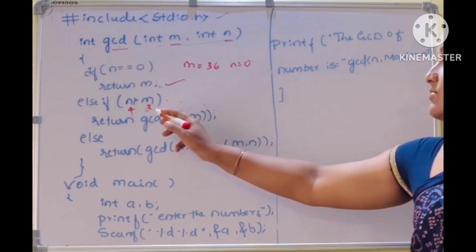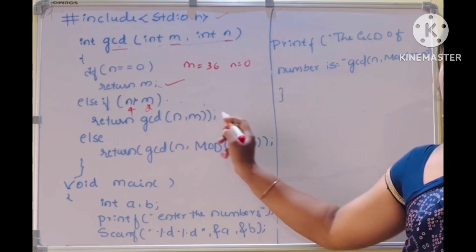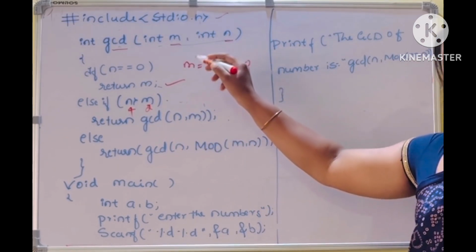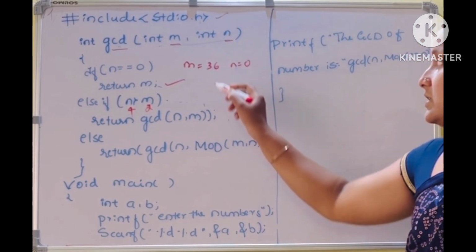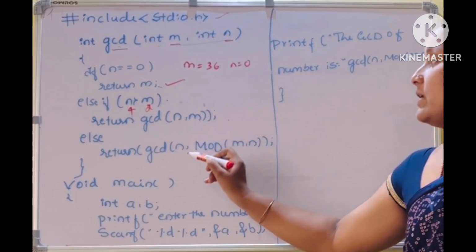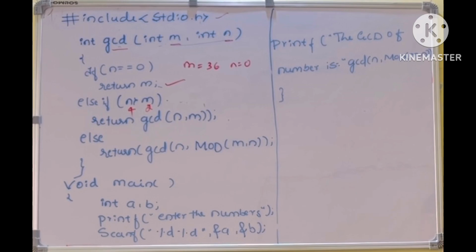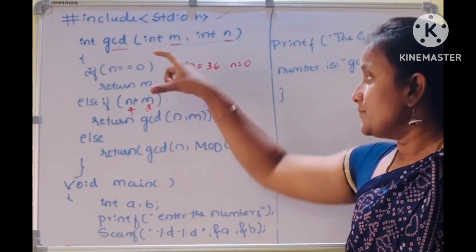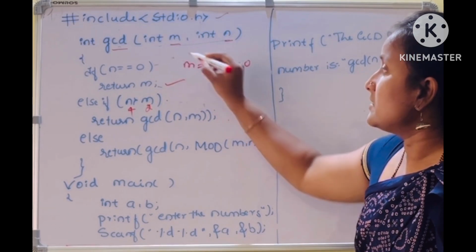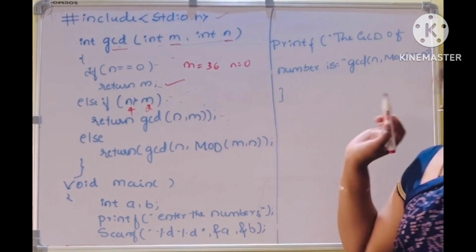In that situation, this formula is going to work. When this is not true, the second situation is true. Suppose if these two are not true, then we have to go for the third situation. I have given an example also. So we have to go with either this or this or this.